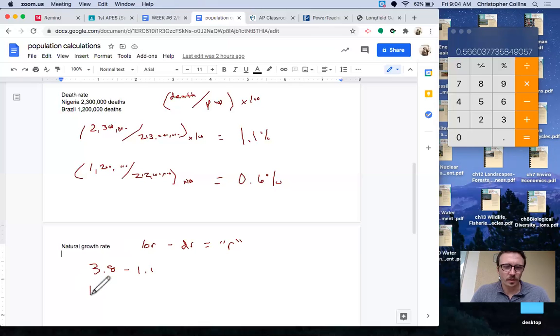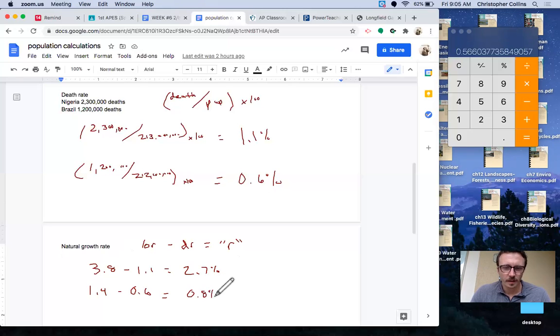For Brazil, the birth rate was 1.4, and their death rate was 0.6, right? And so we can quickly calculate the growth rate. For Nigeria, we're going to have 2.7% growth rate. And then for Brazil, what would that be? 0.8%.